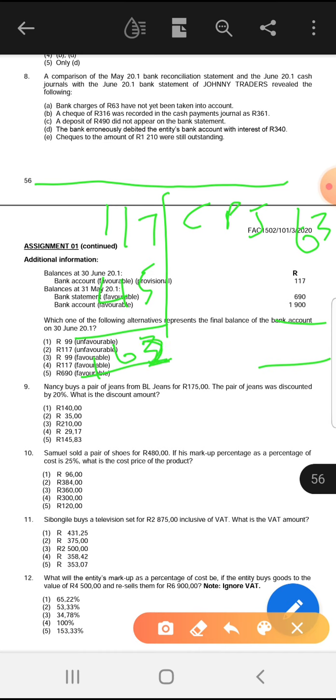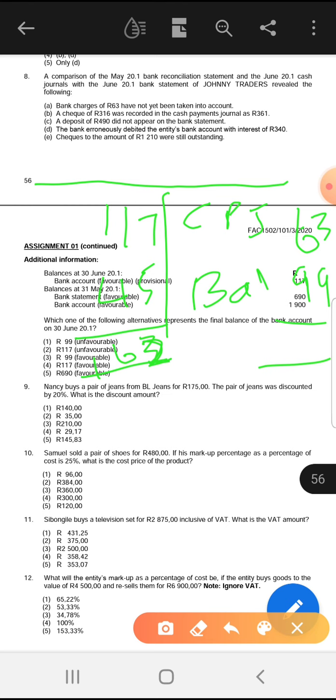Okay, so if we add our debit side, it will give us 162, and then the balance will be on the credit side of the bank account of 99, which will be the opening balance for June.